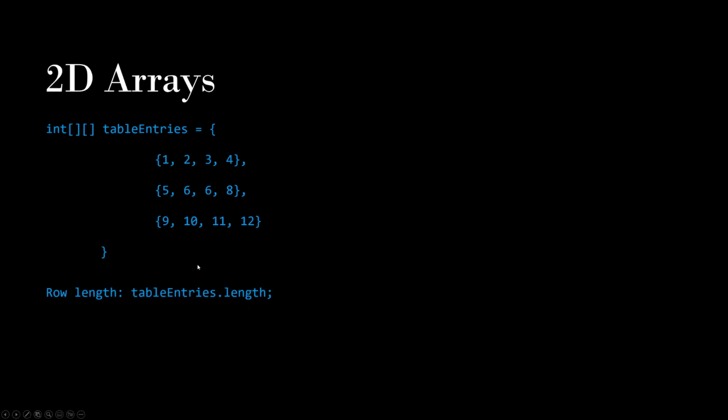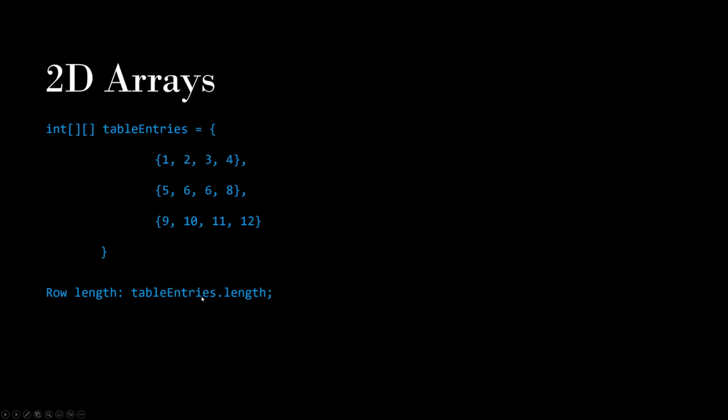The next thing is two-dimensional arrays. Two-dimensional arrays kind of look confusing at first, but the way that I always describe them is that they are arrays of arrays. It's very meta. Notice that we have 4 elements in this array, and that's kind of like the amount of rows.